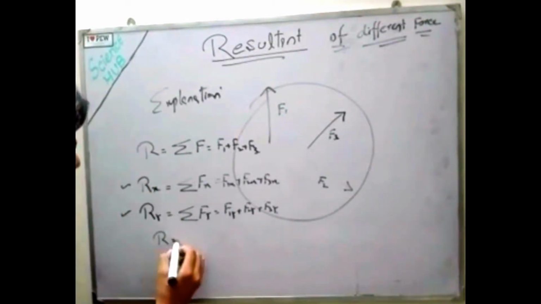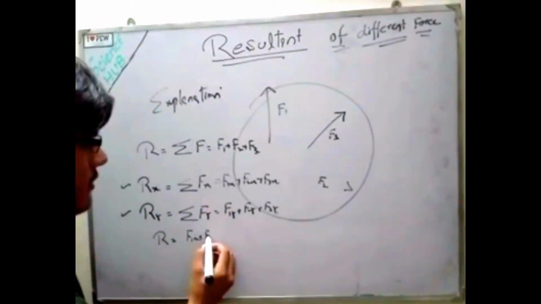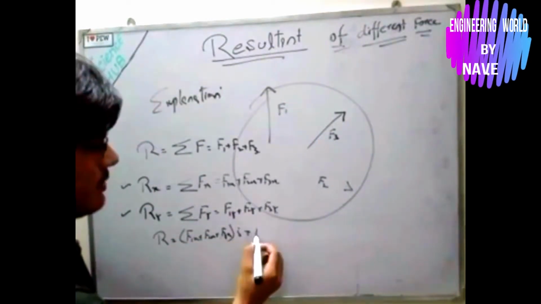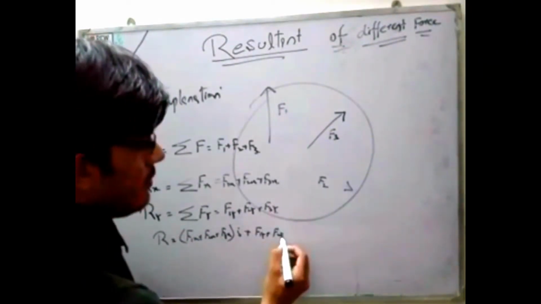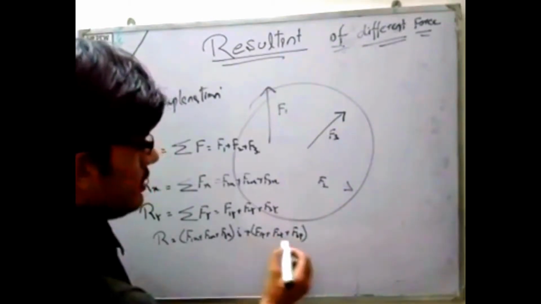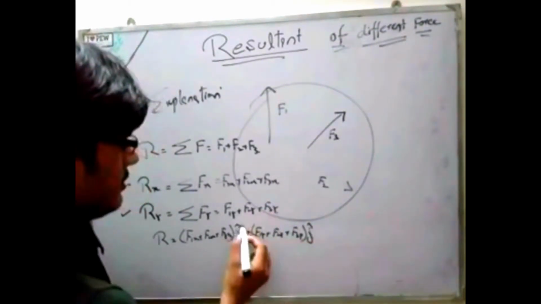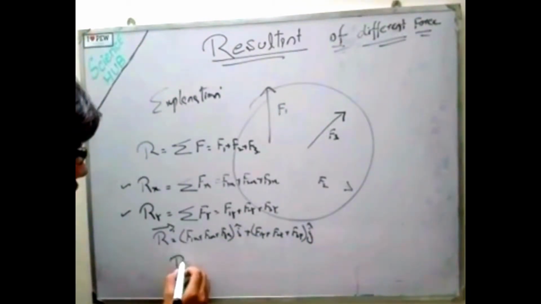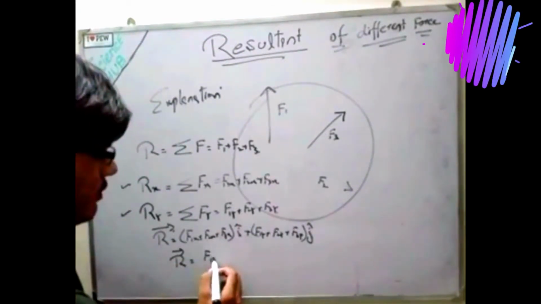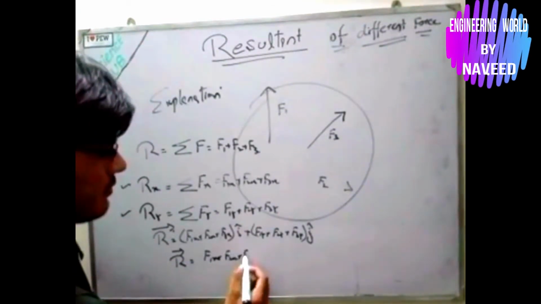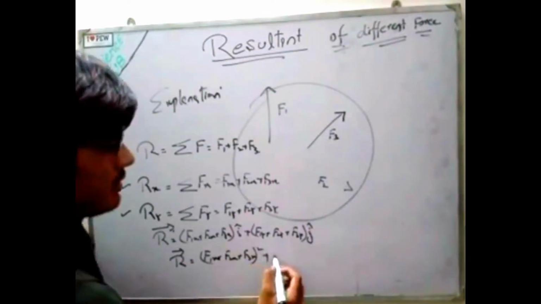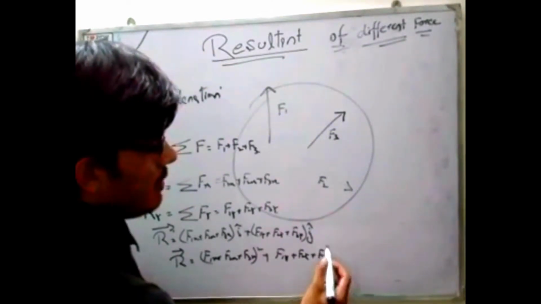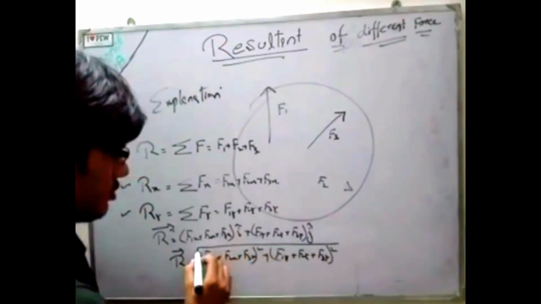Now, if we want to find the resultant, it will be equal to F1x plus F2x plus F3x plus F1y plus F2y plus F3y. So this is all about the resultant. Now, the magnitude of this resultant force will be equal to the square root of (F1x plus F2x plus F3x) whole squared plus (F1y plus F2y plus F3y) whole squared.